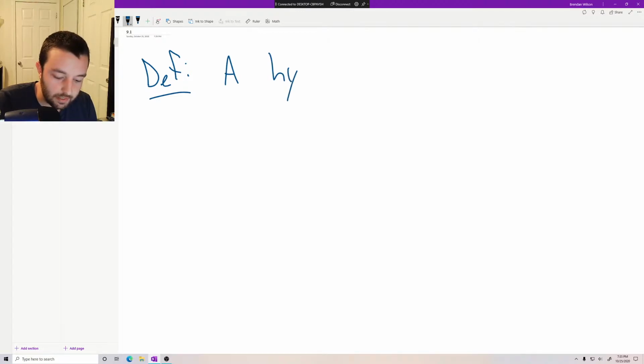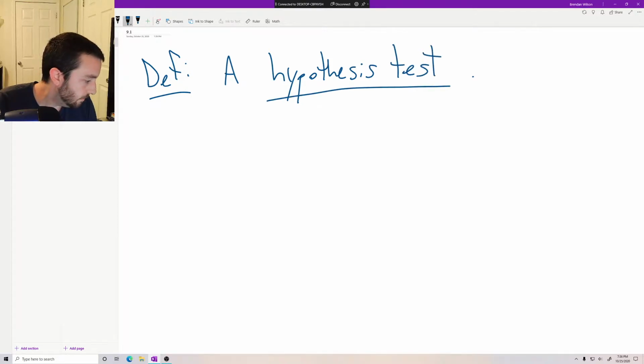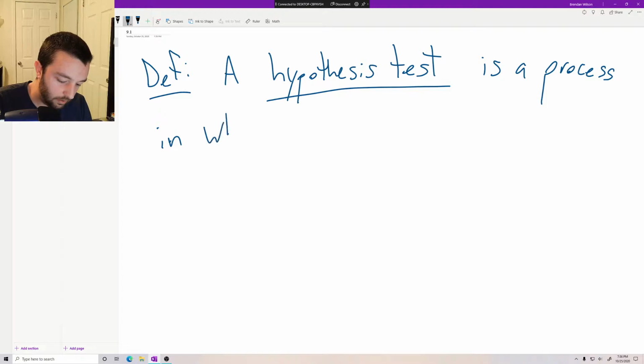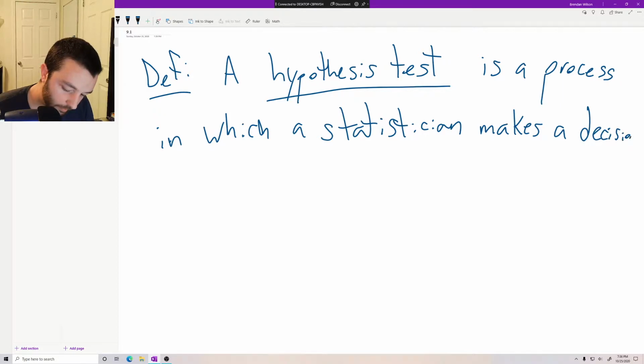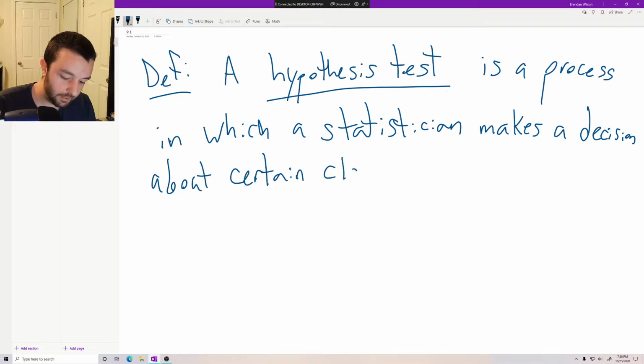The book doesn't explicitly say this, so I'm kind of paraphrasing here, but a hypothesis test is a process in which a statistician, or anybody doing research, doesn't have to be a statistician, but that's just the word the book uses here, makes a decision about certain claims.